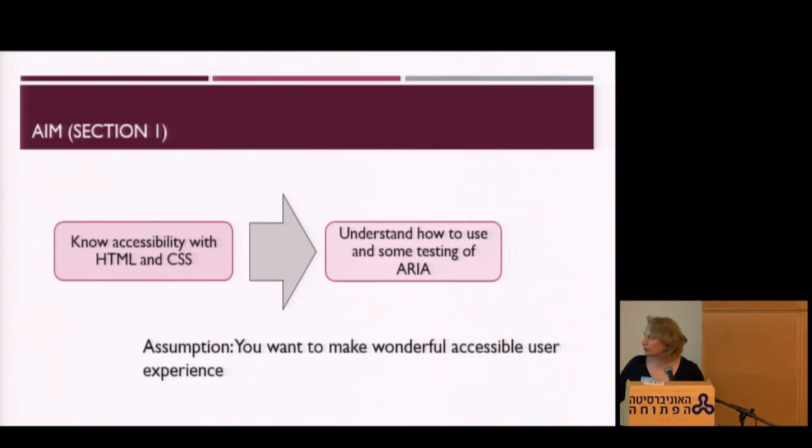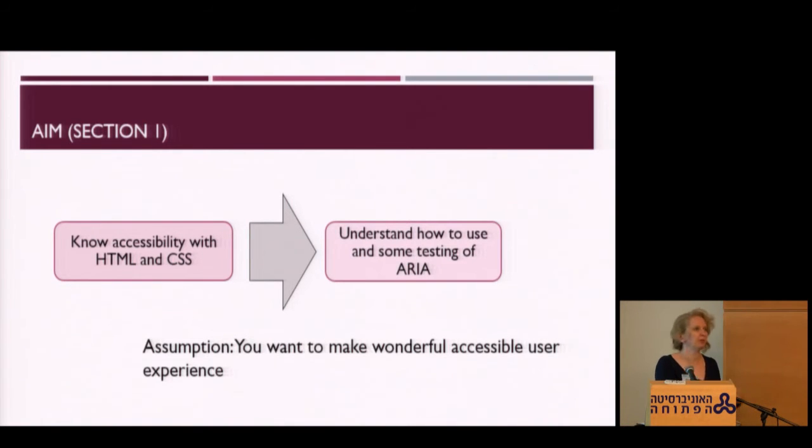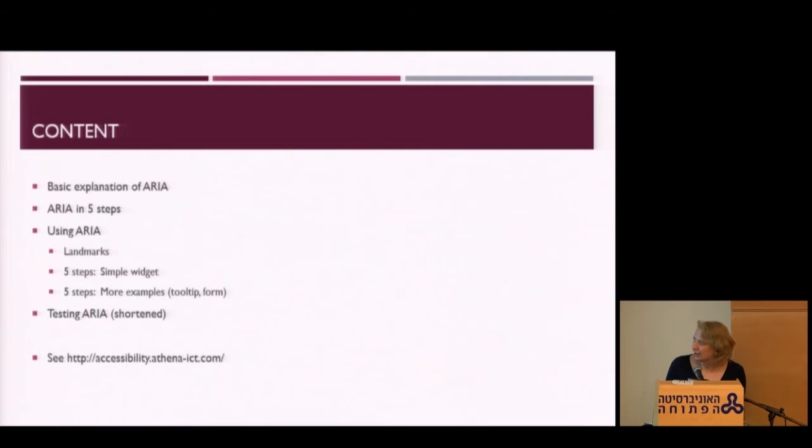Initially it was going to be 2 talks, so I had a second talk on how to test jQuery and scripts and stuff like that. So it's going to be a very short summary on testing. I'm going to give a basic introduction to why we needed ARIA, and that hopefully will answer your question on when to use what.